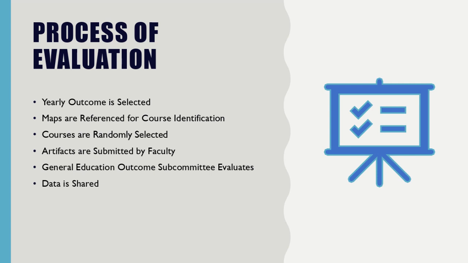When it comes to evaluation and those decisions, that's what I was talking about with the norming sessions and that general education outcomes subcommittee. We're the ones that take all of the artifacts, the submissions from instructors of their student work, and we sit there and talk about the rubrics that are used to evaluate these students, our language, what it means for us as someone in social science, or someone in math, or someone in health careers like me.